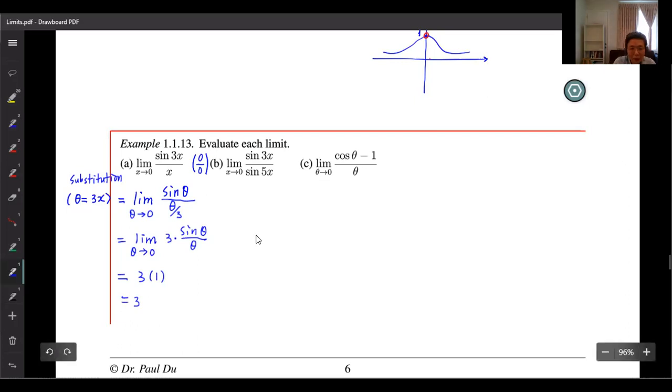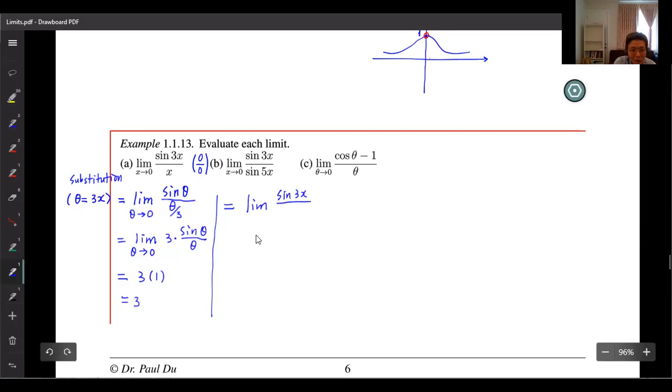Similarly, for the other one, you can do a similar approach. You can introduce 2 variables. Actually, in this case, I'm going to do it this way. There's no x involved. This is 3x.